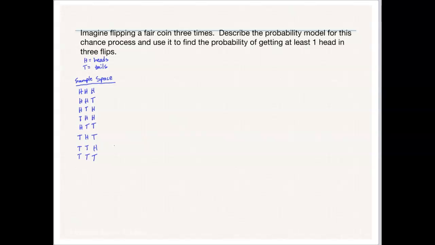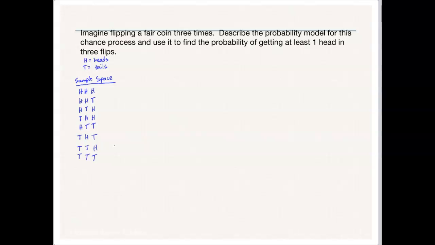So how many outcomes for a coin flip are possible? Am I asking this in a weird way? You flip a coin. Yeah, okay, that's what I'm looking for too, right?